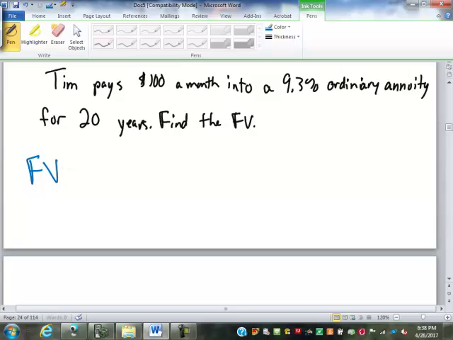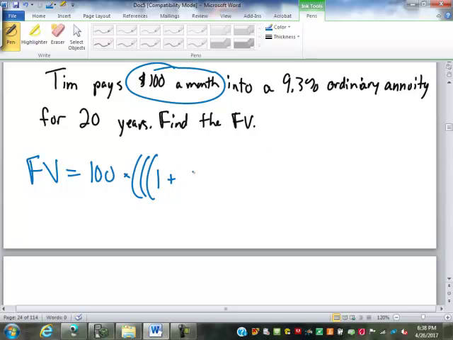That future value is going to equal your payment amount. How much is that? $100 right there, the payment amount. Times, remember, 3 open parentheses. 1 plus what? 0.093 is our rate. Divided by?